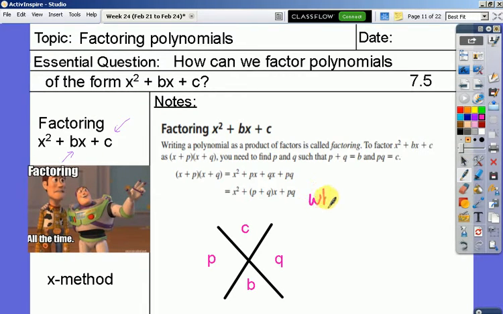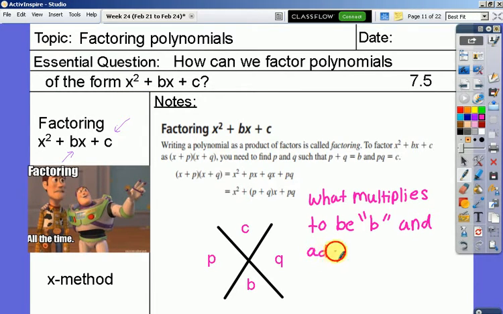What multiplies to be "C", and I put that in quotes, and adds to be "B". It'll make more sense when you see an example, I promise. That's the question you're going to be asking yourself the entire time that we're factoring.